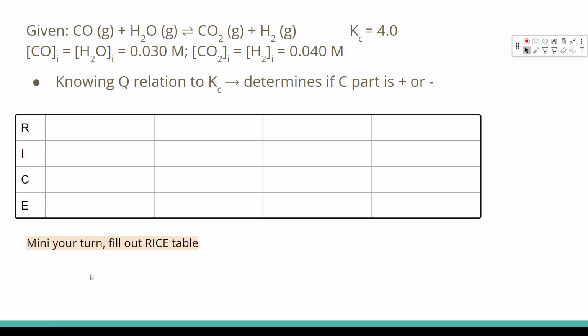So first thing you should do is just fill out as much as you can. So the R, the I, if you can do the C and E, go for it. Again, I'll talk about how to fill this out based off what we just did with the Q being less than K in a second. So pause.